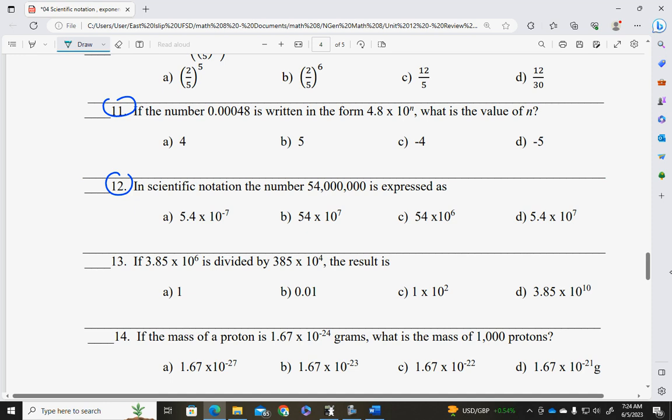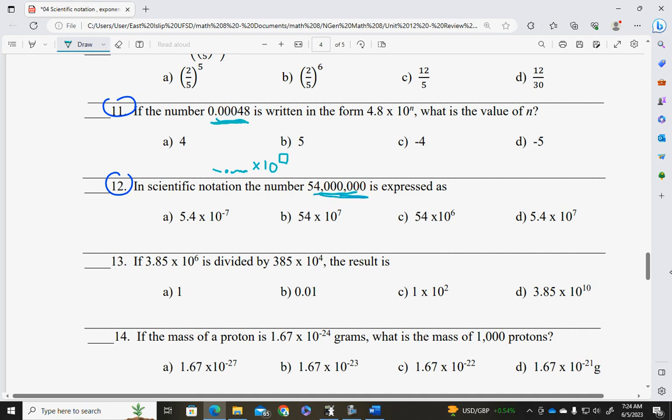So remember, in scientific notation I want one digit and then a decimal, and then whatever digits are left over go after it, and you multiply it by 10 to some power. This power can be positive or negative. When it's a small decimal number like this one, the exponent's going to be negative. When it's a large number like this one, the exponent will be positive.